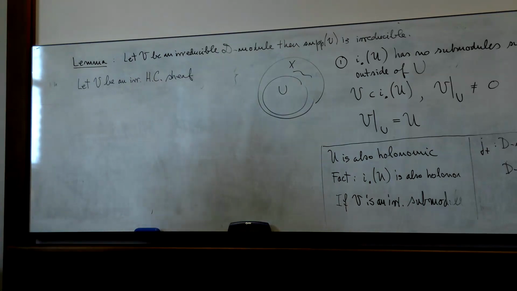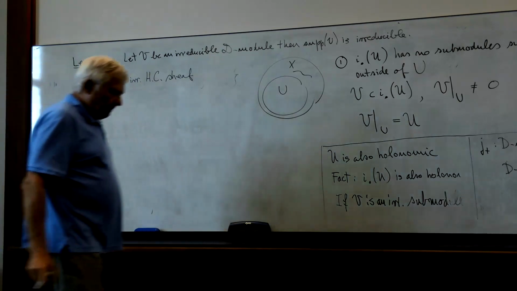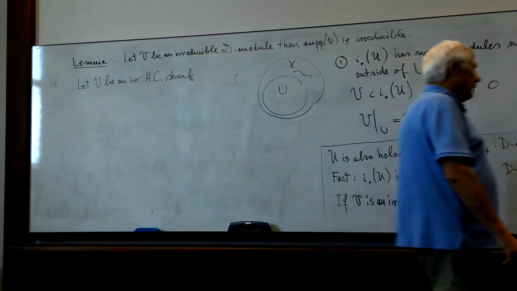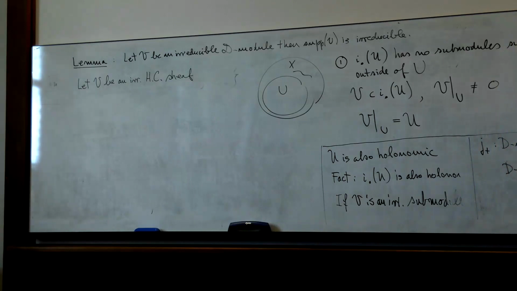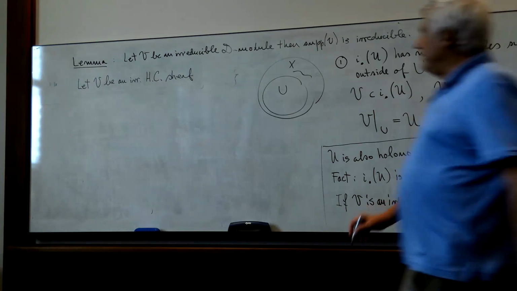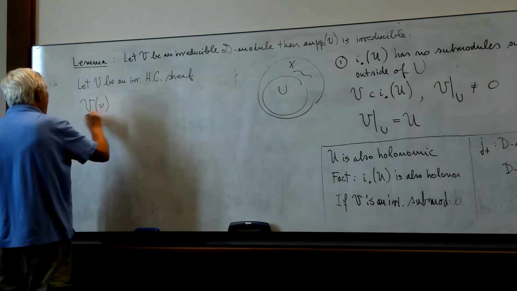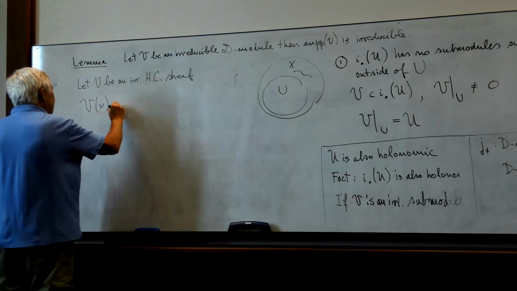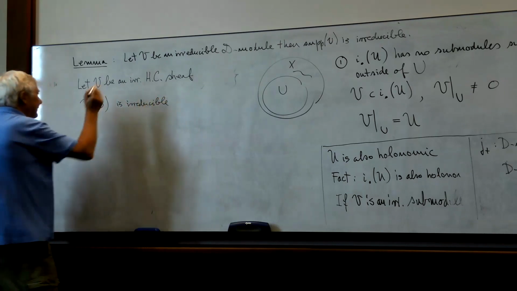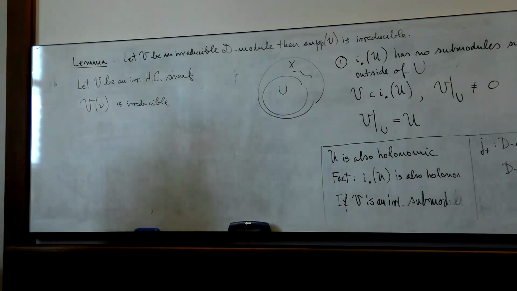Then it's irreducible as a D-module. This requires a little bit of proof, but it follows from the fact that K is connected. Twisting with the line bundle clearly preserves irreducibility, because I'm twisting by the negative of this, which sends it back.